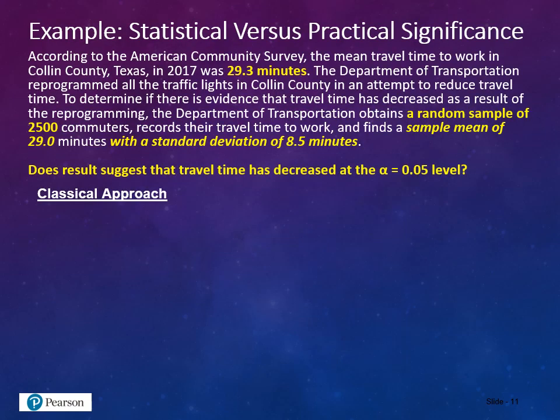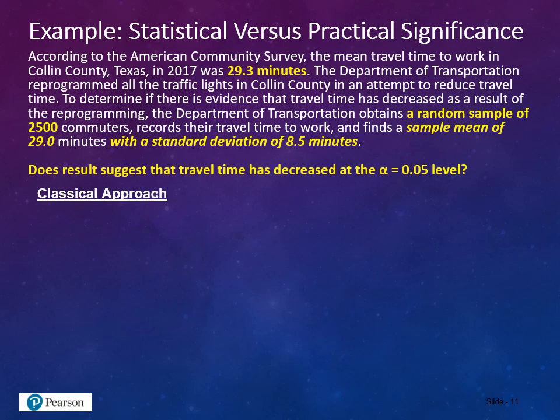So let's look at an example to demonstrate this. According to the American Community Survey, the mean travel time to work in Collin County, Texas in 2017 was 29.3 minutes. The Department of Transportation reprogrammed all of the traffic lights in Collin County in an attempt to reduce travel time.